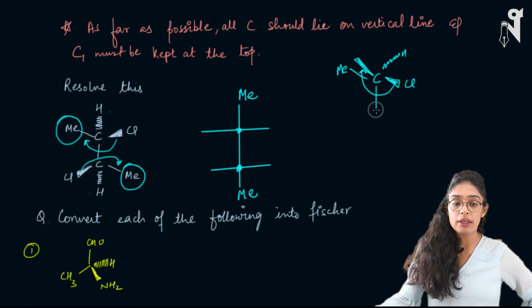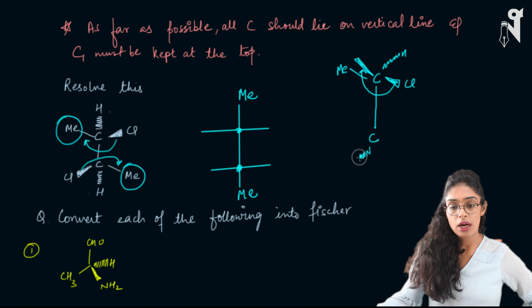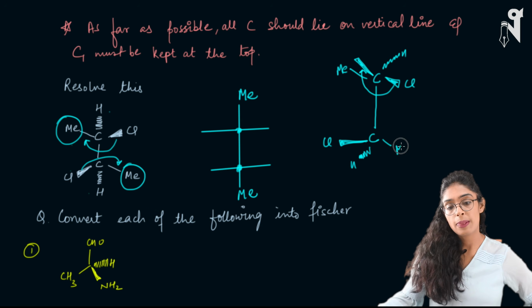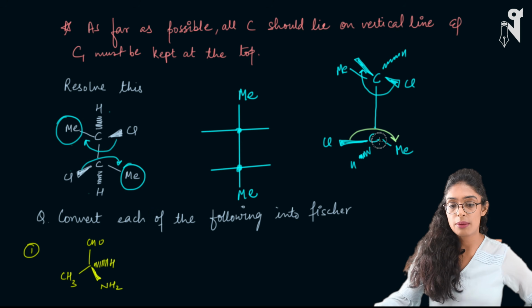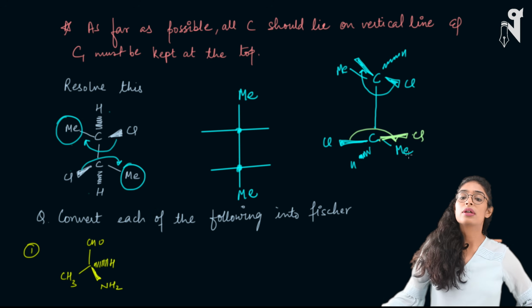Then I have C here, and again my representation is very poor. This is hydrogen, this is chlorine, this is the actual chlorine, and this is my methyl. Now I have to move this to the other side to open it. When I write it here, it will become quite open like this, and here will be my chlorine.